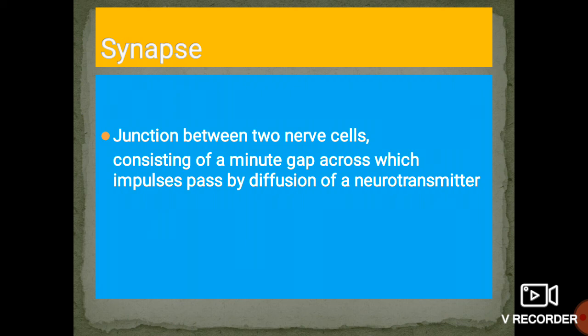Here the electrical signal is converted into a chemical signal for onward transmission. Synapse is the junction between two nerve cells consisting of a minute gap across which impulses pass by diffusion of a neurotransmitter.